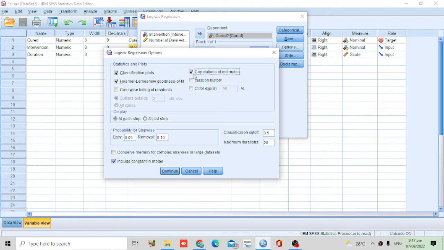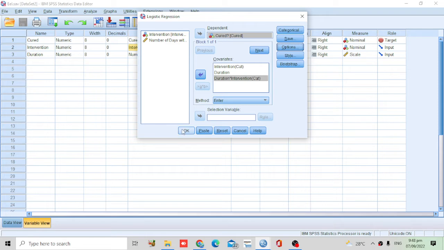Likewise, we want to see the correlation matrix, whether collinearity exists in our final model. And then for the iteration history, we want to see the results of the negative likelihood, and then the confidence interval for our odds ratio at the level of 95%.